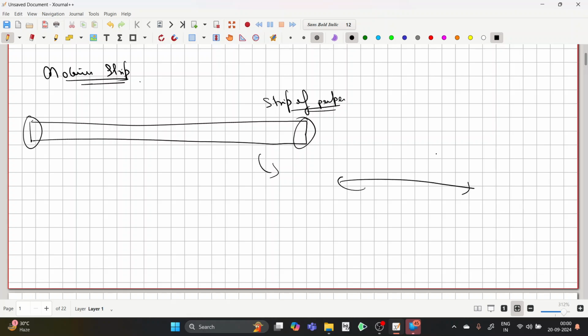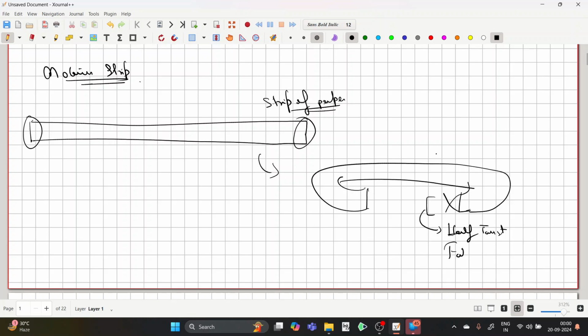Okay, so I bring them together, but before gluing them, what I will do is just twist this once, which we often refer to as a half twist, and in some books you also get it referred to as a full twist.